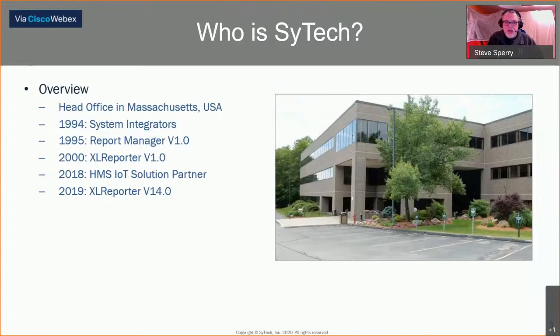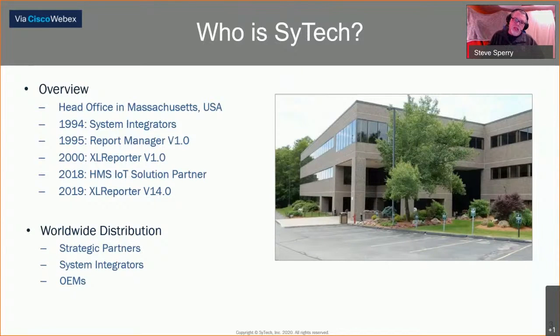In 2018, they added some direct hooks into the HMS Ewon hardware to allow us access to the tags that you can create in the Ewon that would represent data that may be in your automation assets. And then in 2019, they came out with version 14 of XLReporter, which gave them the ability to create reports and use the template studio without adding the Microsoft Office suite to get Excel.